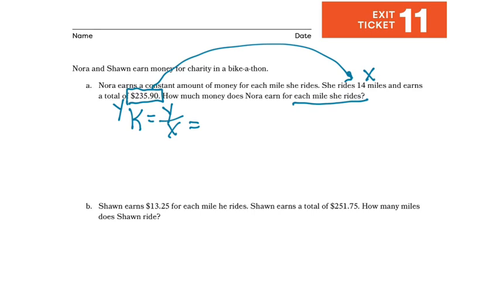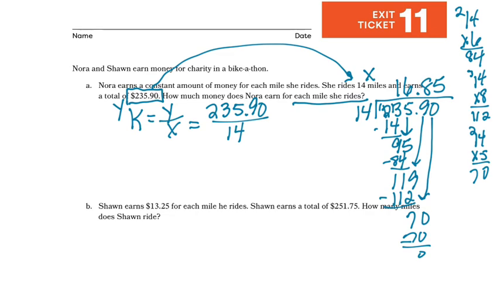So our Y is going to be 235.90. Our X is going to be 14 miles. So you can see the math right there. We're going to get a constant proportionality of $16.85. So she makes $16.85 for every mile she rides.